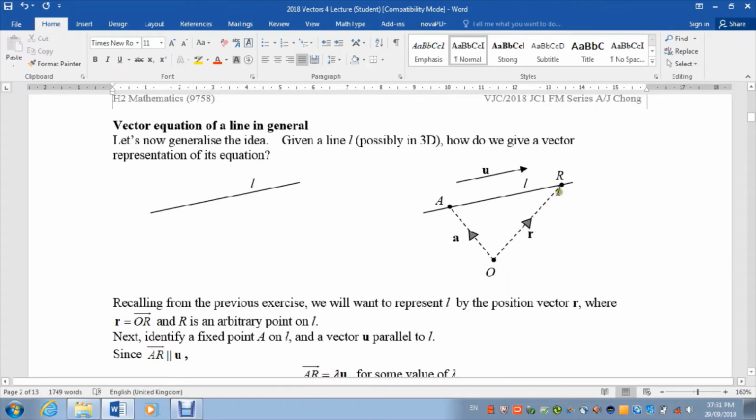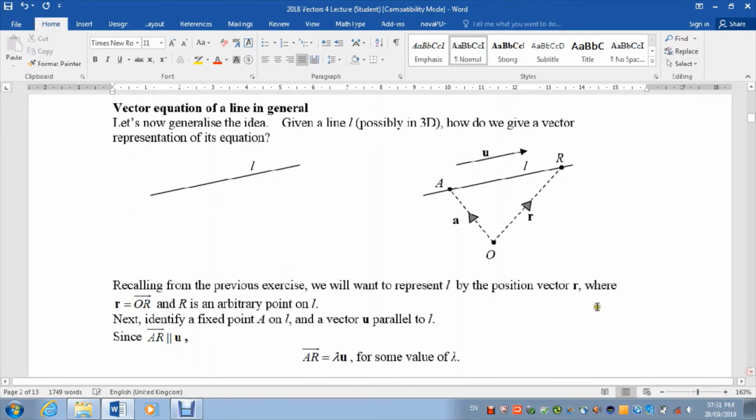Now, I want to try to form some form of vector equation for OR so that I can represent the position vector of any point on a line in terms of A and U. And what is this U? U is basically a vector that is in the direction of AR. And what is A? A is basically a point, the position vector of a point on the line.